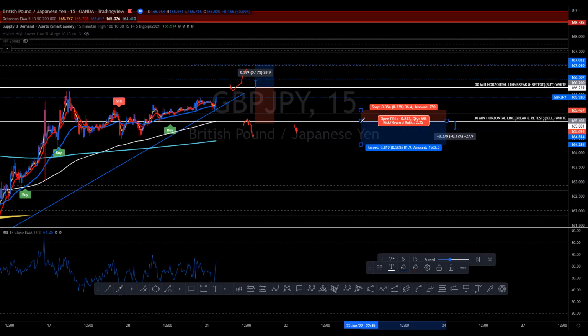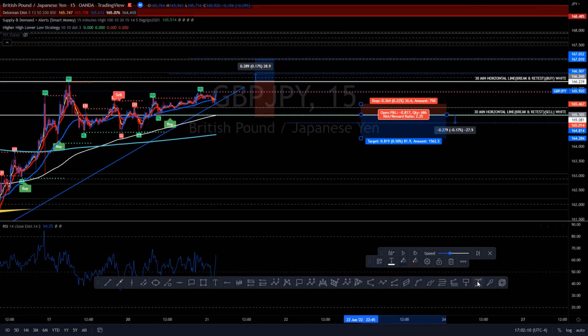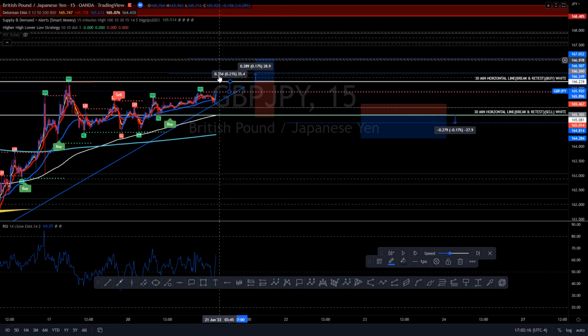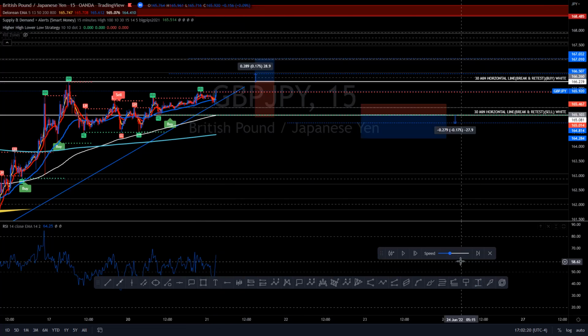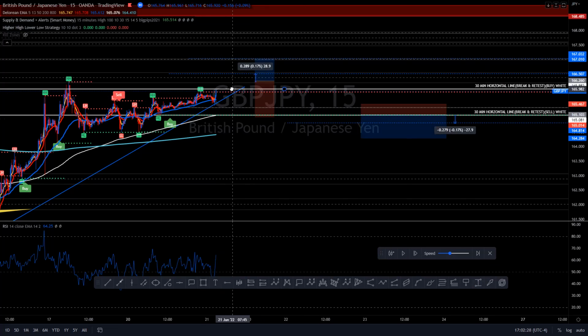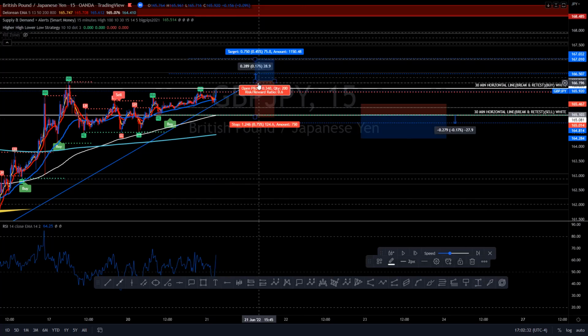Now, probably in this situation, if price crosses here and goes all the way up to here, that would be a nice decent buy. So in this situation, I probably would bring my break and retest down to here, above this wick, and see if it breaks below and goes above.